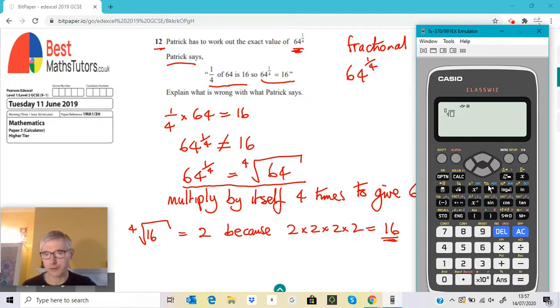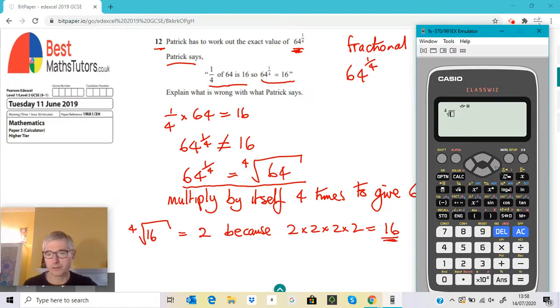So we can press that and we can see we've got the root there in the little square that's flashing at the moment. So I can put 4 in for that. And then I'm going to use my navigation buttons to go inside the root sign.